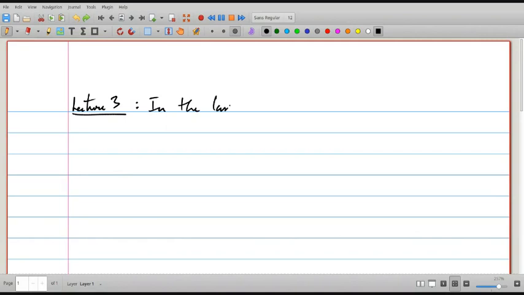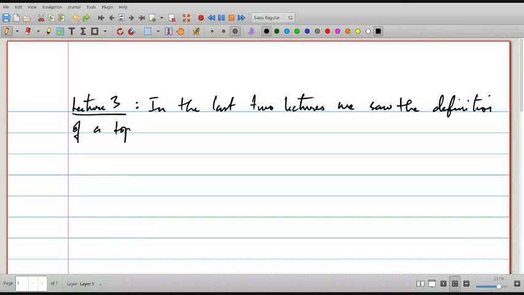In the last two lectures, we saw the definition of a topological space and some examples.